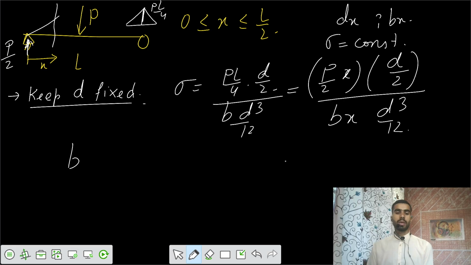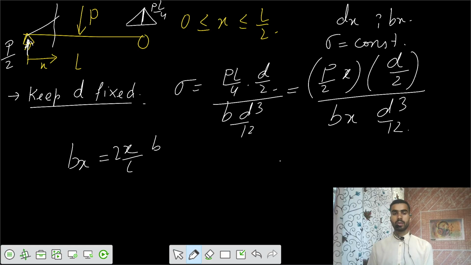So we get b(x) equals x by L into b, and there should be a factor of 2 also. So 2x b by L, I think 2x by L.